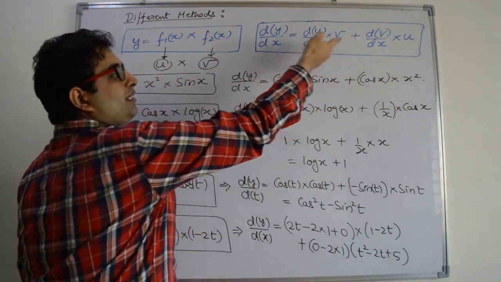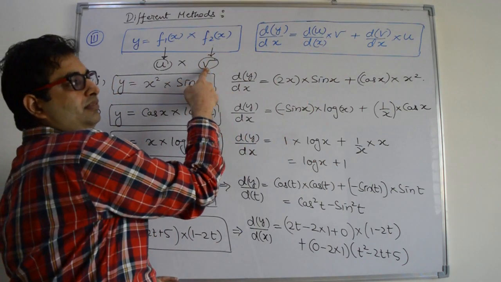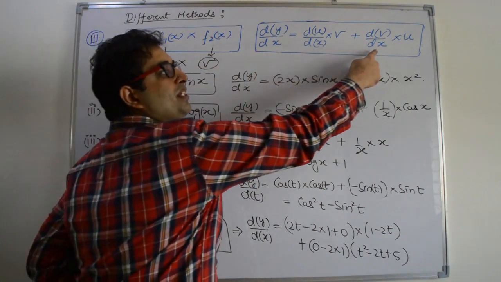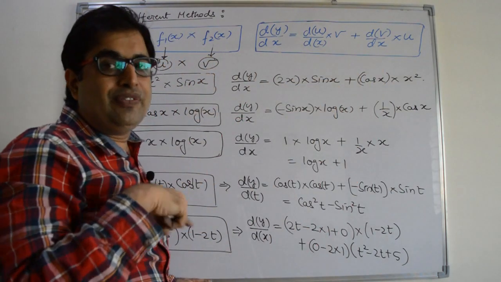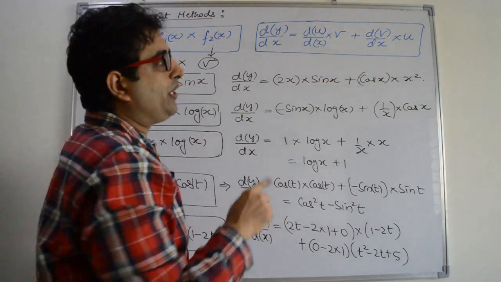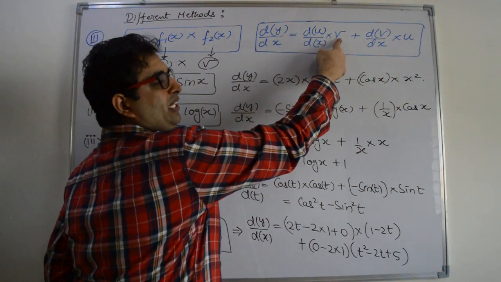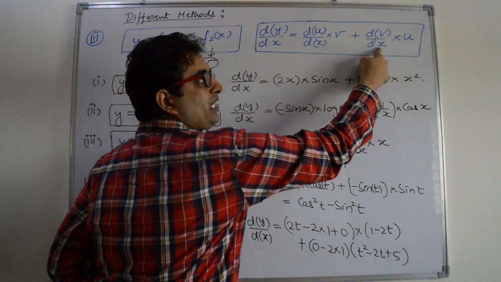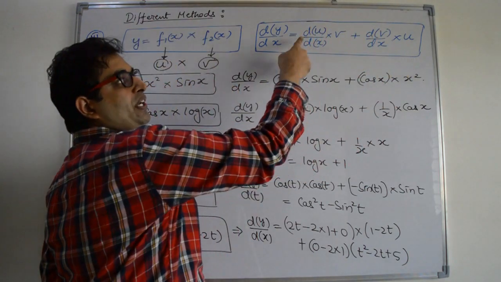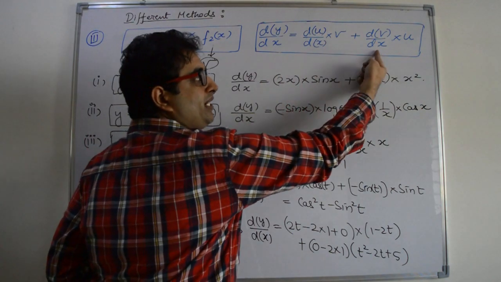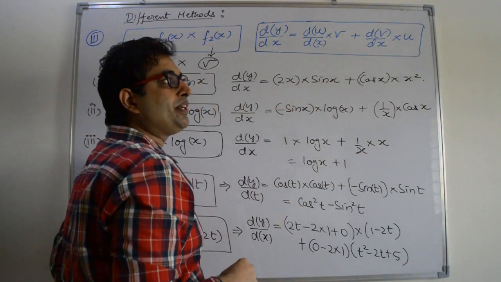Plus, then differentiate v, and u will remain in multiplication, that means u will wait outside. So what is the differentiation? It is du by dx into v plus dv by dx into u. Differentiate first, second will remain in multiplication. Differentiate second, first will remain in multiplication.